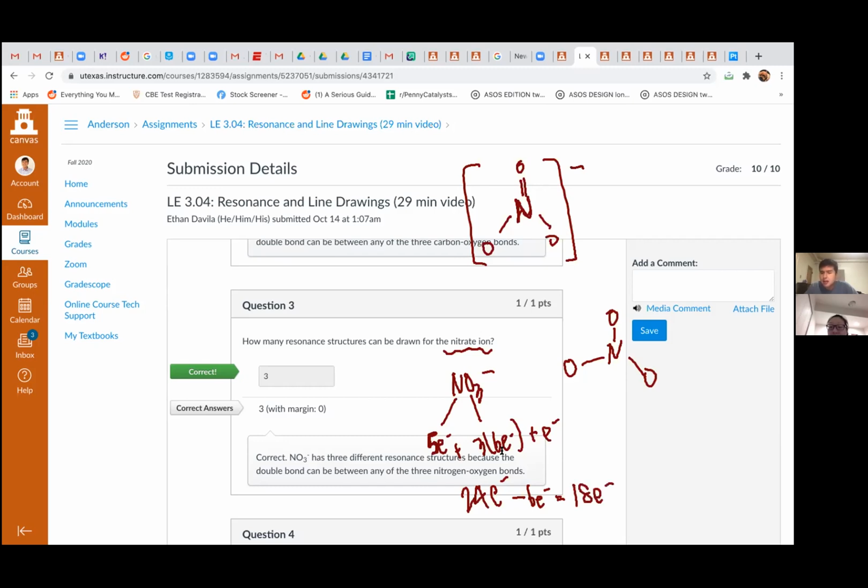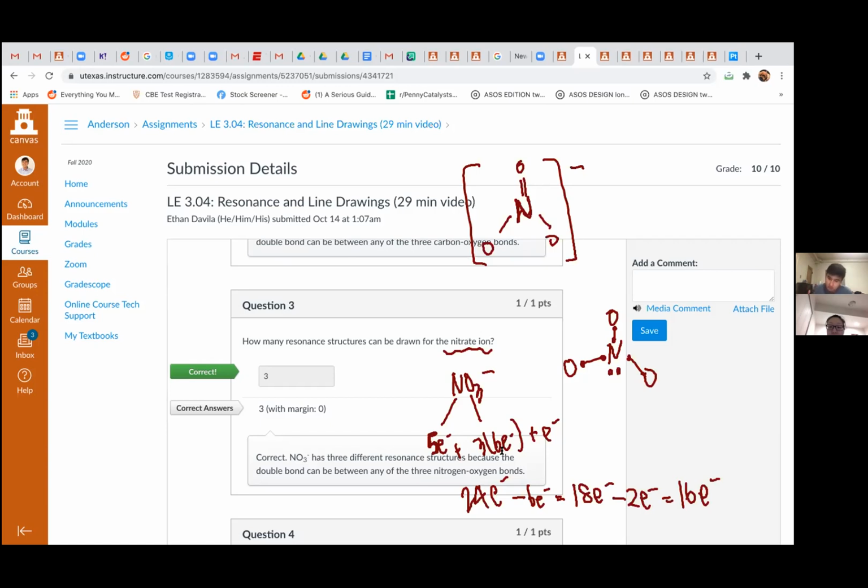Yeah. Nitrogen, is it happy right now? It's got 1, 2, 3, 4, 5, 6. Is it happy? No. It's not happy. How many more does it need? 2. 2 more, right? Yeah. So minus 2 electrons, so that means I have 16, right? So that's 16 electrons.